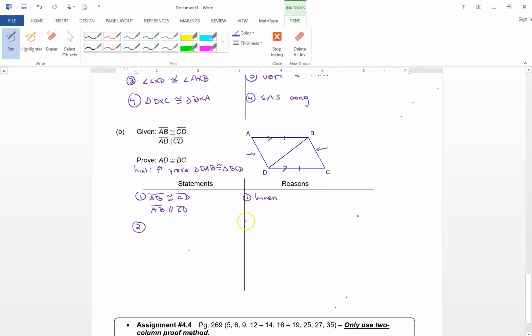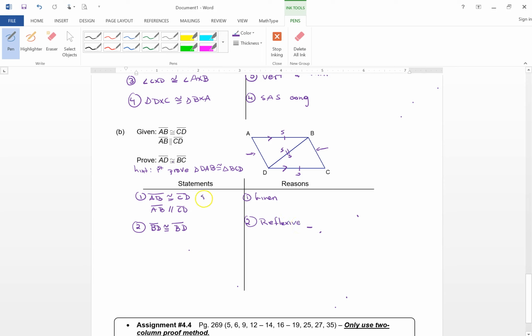Number 2, I have these two now as congruent sides. What I also want is to say that this side is being shared, so it's congruent. So BD is congruent to BD. Reflexive.